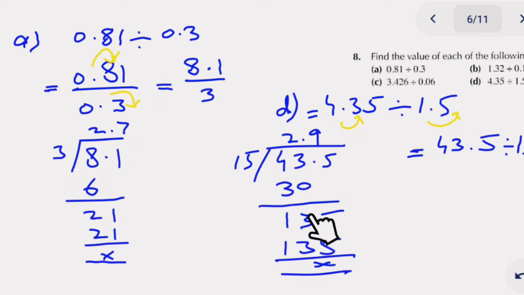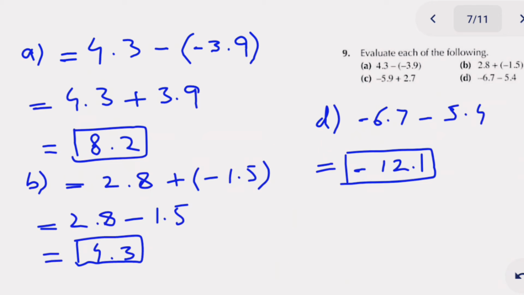We subtract 30 from 43 and it is 13, and we carry this 5 over here, and when we move this number over here, the decimal will also go in the answer, and then we multiply 15 with 9 and we get the answer 135. So this is how you can divide two numbers having decimals without using any calculator.